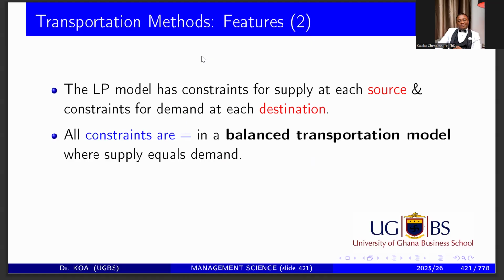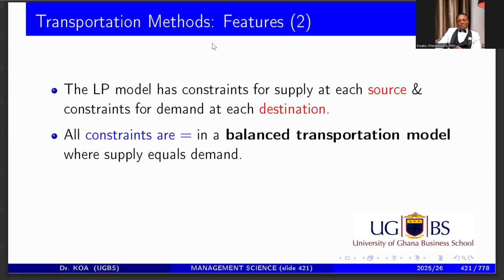a balanced transportation model. So a balanced transportation model is where, let's say that you are moving items from Accra to Kumasi, Accra to Takoradi, Accra to Hawaii, and you are also moving items from Pokwasi to Kumasi, Pokwasi to, and things like that, just as you did for Accra.